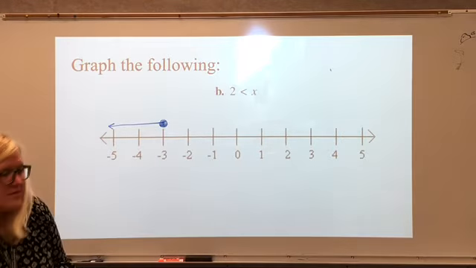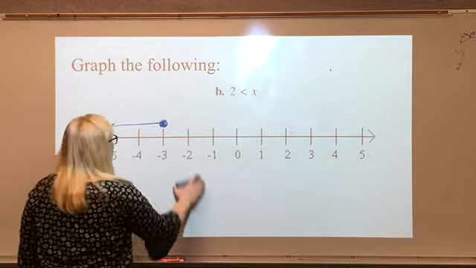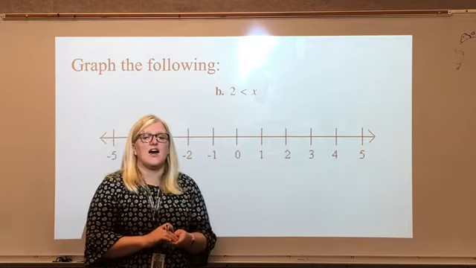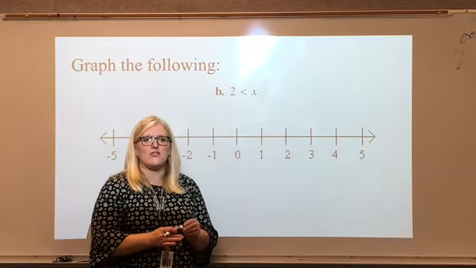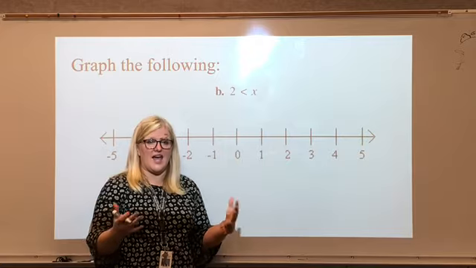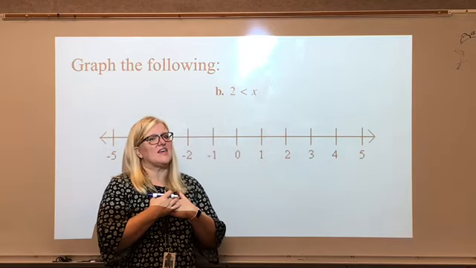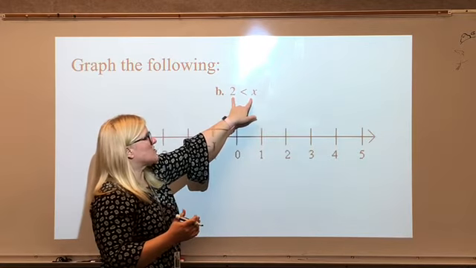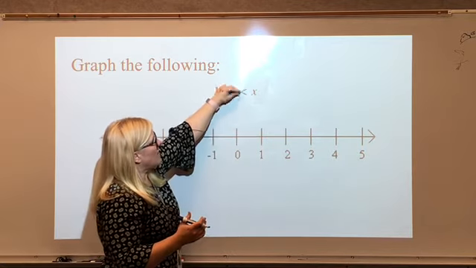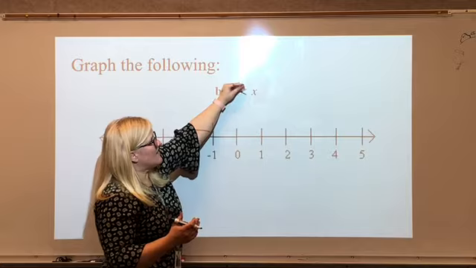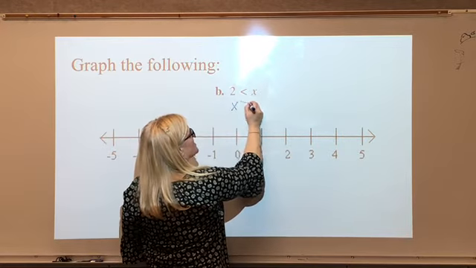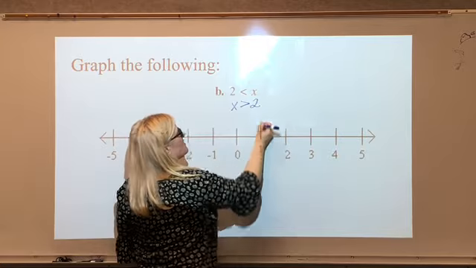Okay, here's another one. So 2 is less than x. Now, this is a perfectly fine inequality. I like it when the variable is on the left side. So I'm actually going to switch this. So the Pac-Man is eating the x. So I'm going to switch it here, but I need to make sure that it's still eating the x.